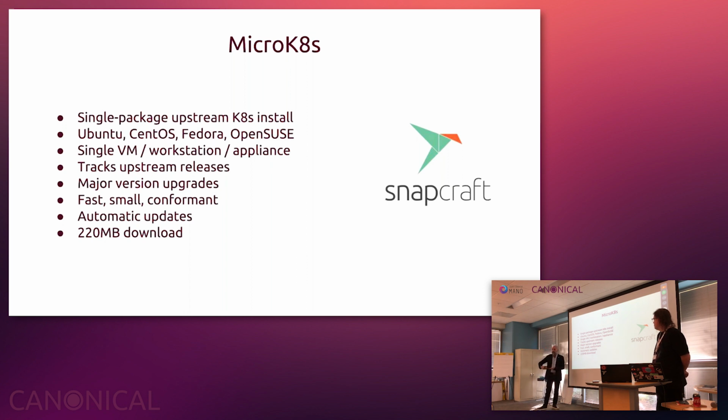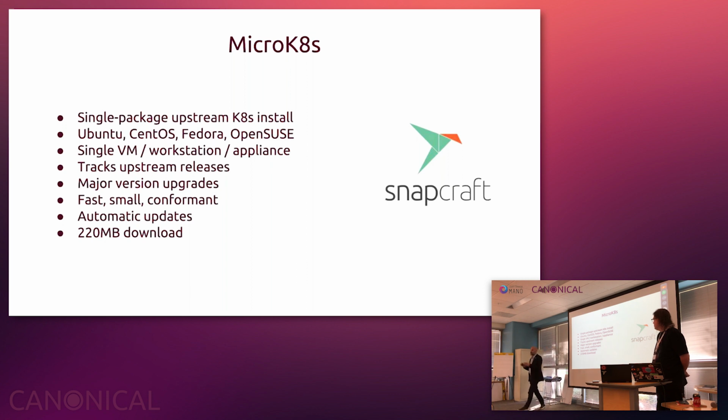So you can really track upstream Kubernetes. You can get the latest Kubernetes. It's very nice for people who are either trying to track the latest stuff as developers, or wanting a stable version for production type usage. Supports upgrades to the major versions, so 1.11, 1.12, 1.13, and so on.